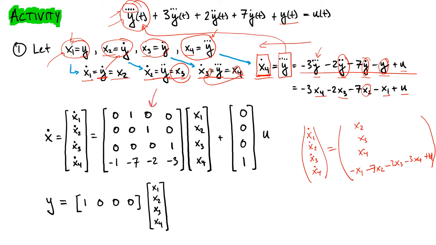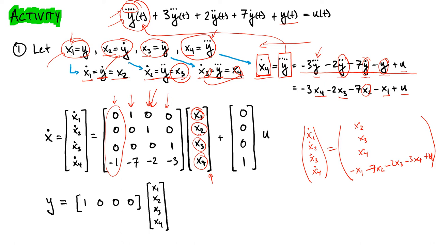And again, this really just comes from insight and practice, knowing that this column is everything to do with this variable. So when I take this vector x and I multiply it by the A matrix, this x1 multiplies everything that's in this column. This x2 multiplies everything in this column. This x3 multiplies everything in this column, and this x4 multiplies everything in this column.